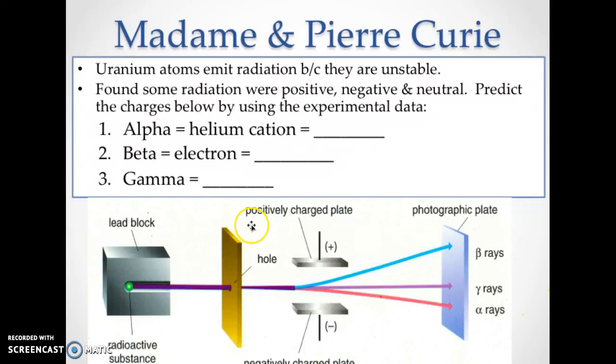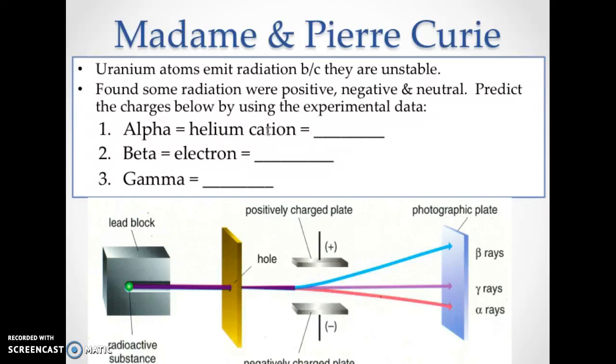Based on this illustration that you see here, we can see that radiation was shot through, and some of it repelled the positive charge. So the alpha rays repelled the positive charge plate, meaning that the alpha particles are positively charged. Gamma rays have no charge, and beta rays are negatively charged since they attracted a positive plate and reflected the negative plate. So alpha particle is helium.